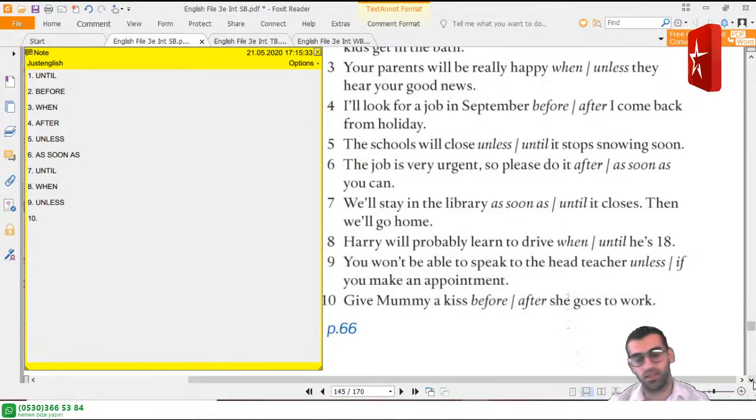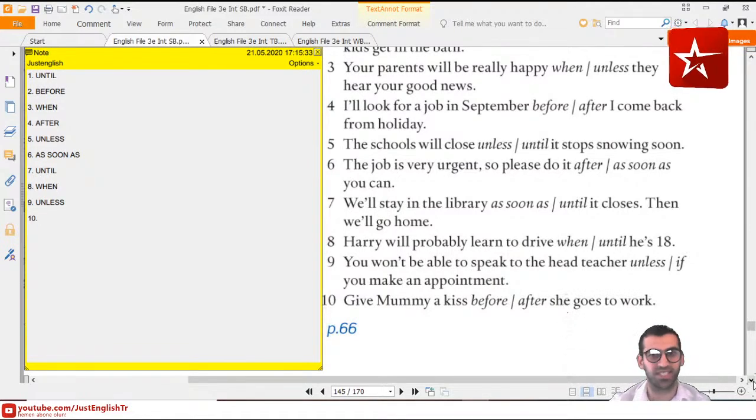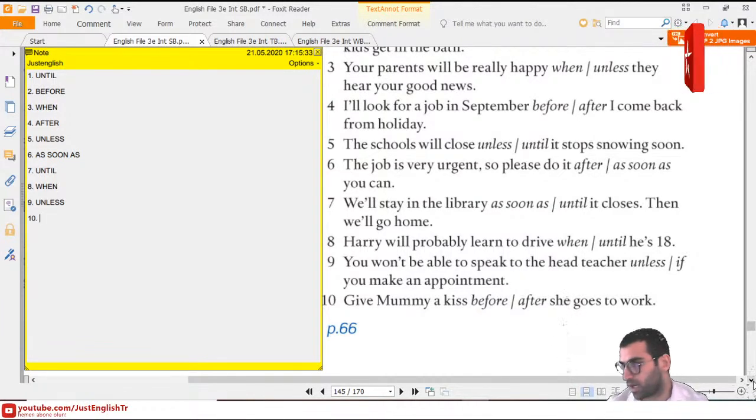Yes. And the last sentence, number 10, give mommy a kiss before or after she goes to work. Yeah, before or after. Alp wrote the correct answer. Great. Alp looks happy.